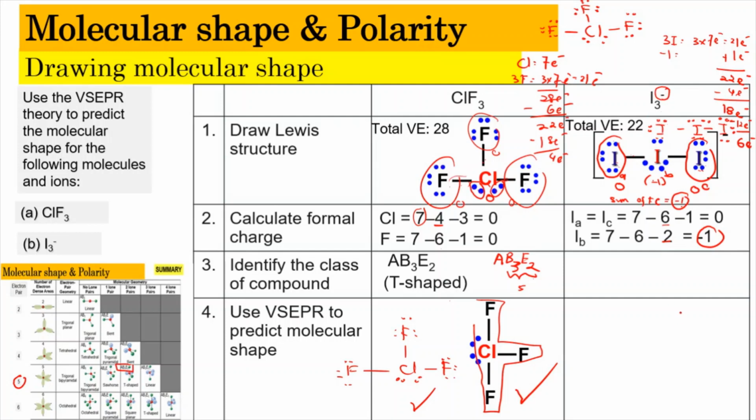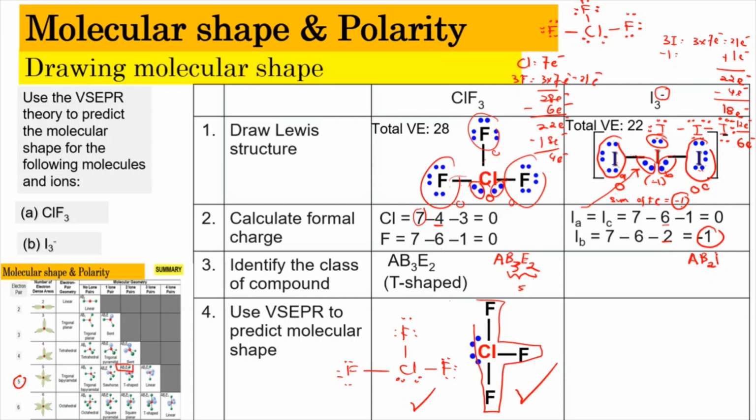Okay, and as usual, we need to identify the class where we need to look at the central atom. Okay, so you're going to have A, which is representing the central atom, and then it has 2 bonding pairs, which is AB2, and then it has 1, 2, 3 lone pairs.